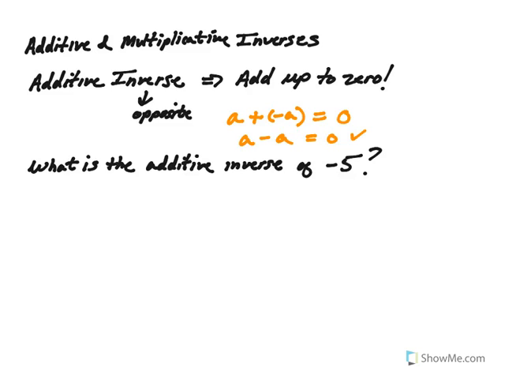Again, we're starting off with -5 and we're adding the additive inverse. So when we do that, that's going to be a +5, and that's going to sum up to 0, because -5 plus 5 will cancel each other out, and therefore you're going to get a net of 0.